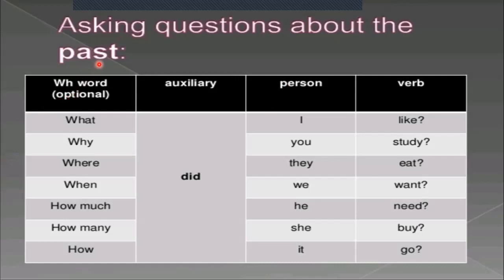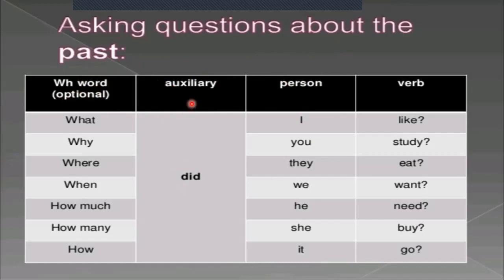In the past simple tense, the question consists of WH word plus auxiliary verb did, okay? But in present simple, we use auxiliary verb does. This question in the past simple is exactly like the question in the present simple tense. They are different only in auxiliary verb.